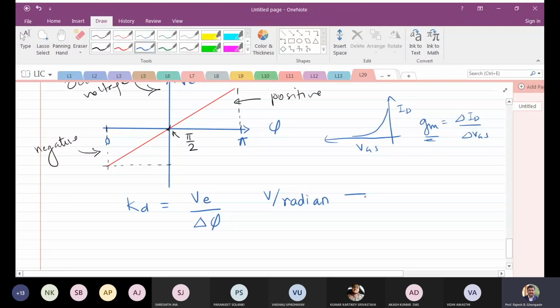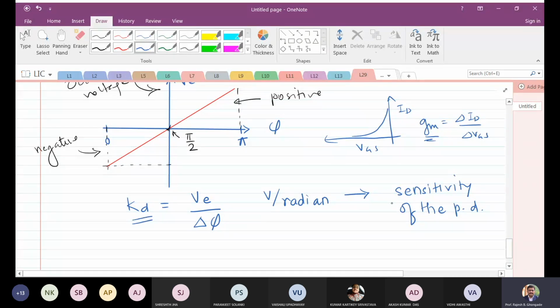And this is called the sensitivity of the phase detector. So what is KD? KD is the sensitivity of the phase detector.